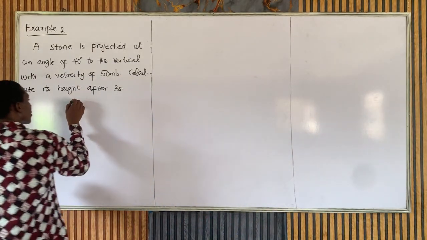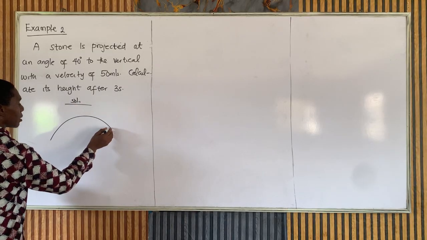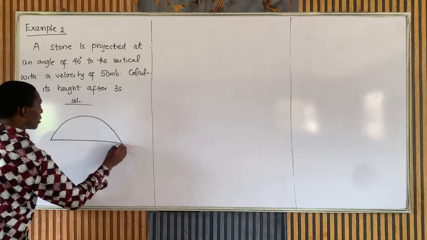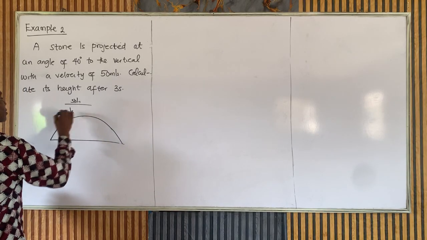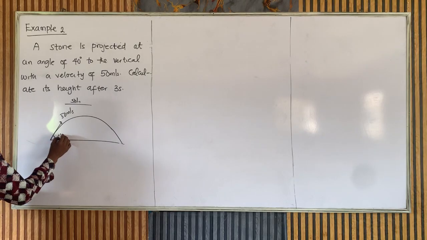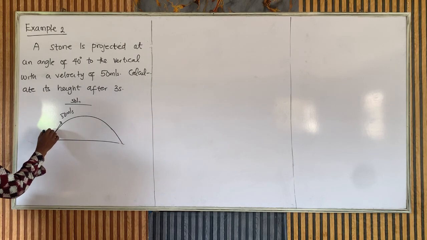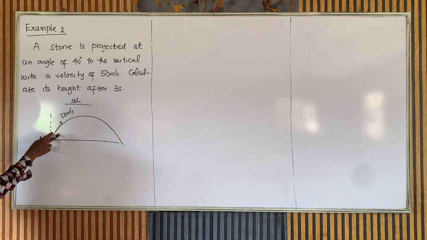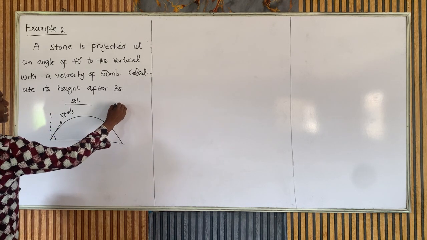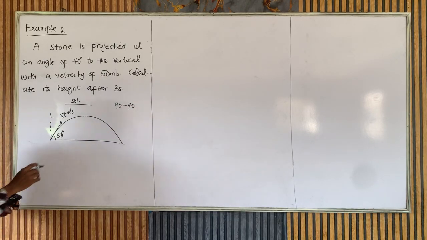Well, to begin with, this is the projectile, projected with a velocity of 50 meters per second, making an angle of 40 degrees to the vertical. And so you must get the angle it makes with the horizontal, and that will be 90 minus 40. That's 50 degrees. So mind you, you must use the angle it makes with the horizontal.